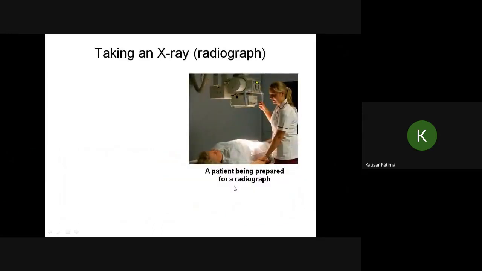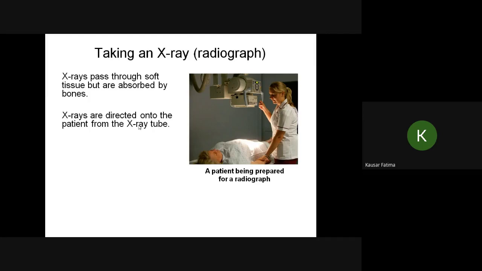Here, this is a person being tested for a disease, and the person has to go for this X-ray examination. X-rays pass through the soft tissues like your flesh, and are absorbed by the bones.